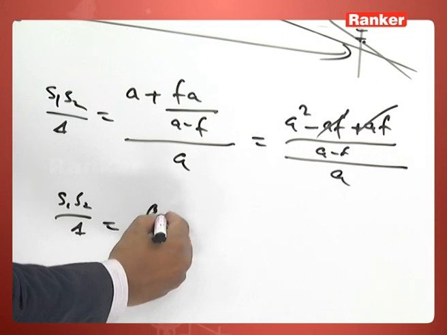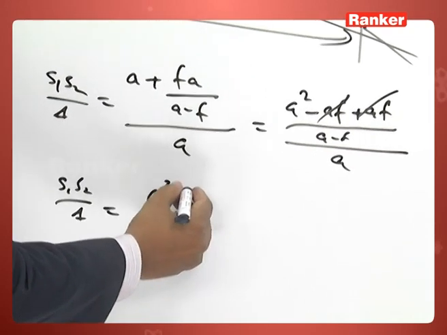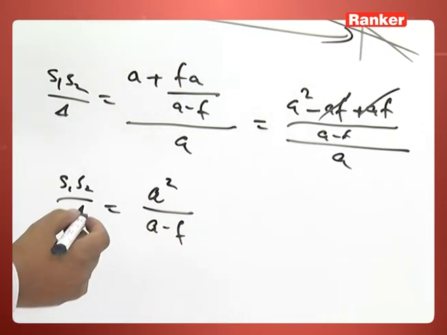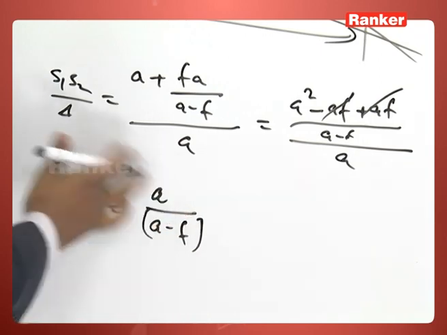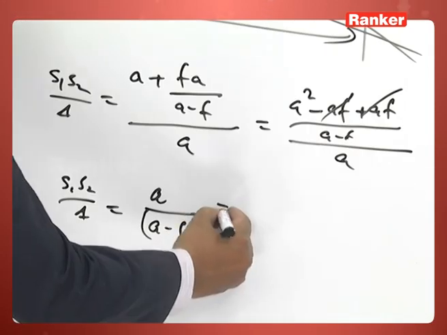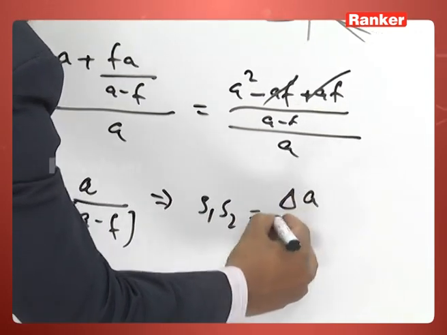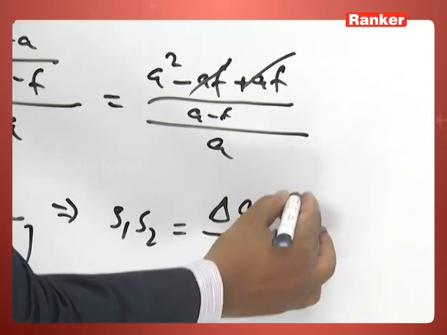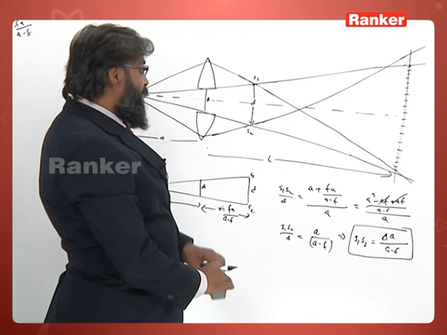It will be A squared by A minus F into A, that will be cancelled out. This implies S1S2 will be equal to delta times A by A minus F.